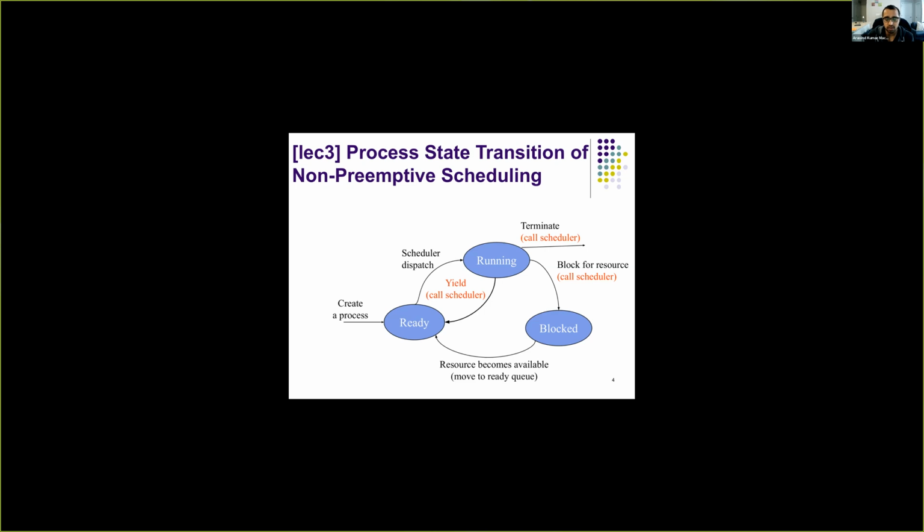So the scheduling decisions happen either when the process yields the CPU, or when the process terminates, or when the process is blocked for some resource. Okay? So this is non-preemptive scheduling. That means we are not taking the CPU away from the process forcefully. So in other words, the process gives up the CPU.